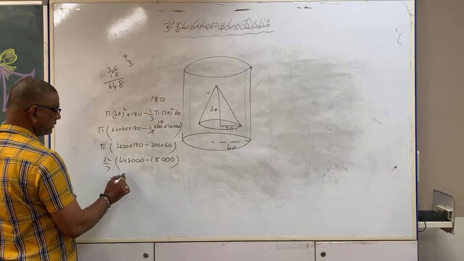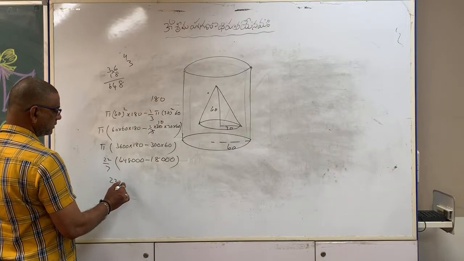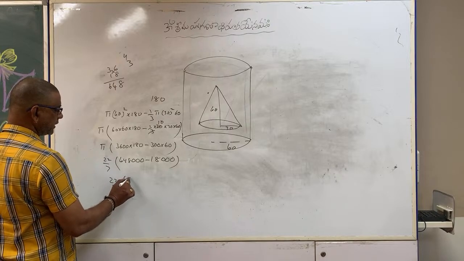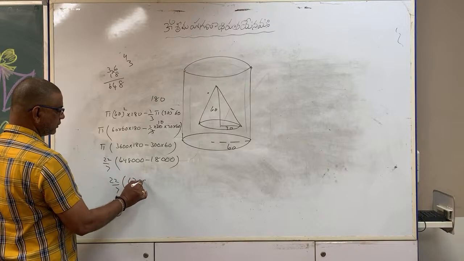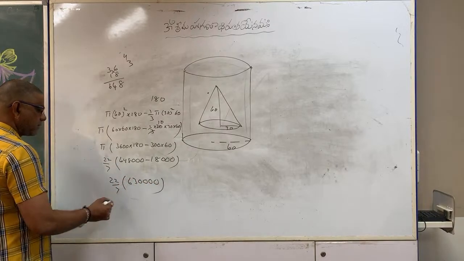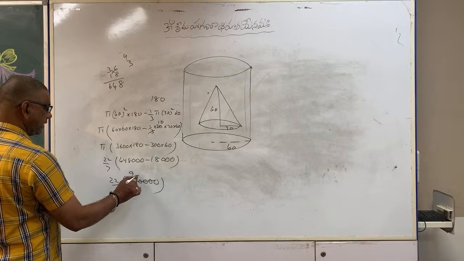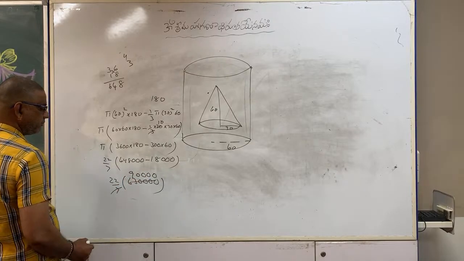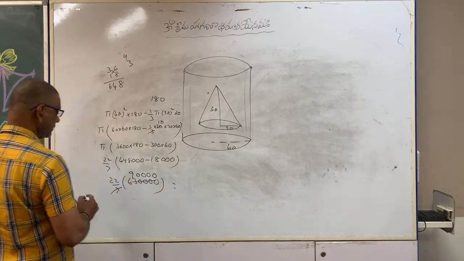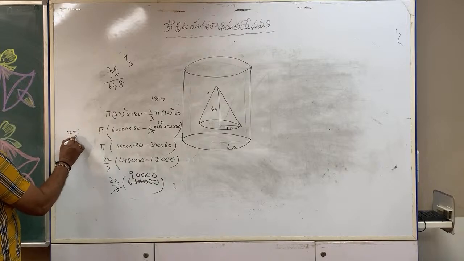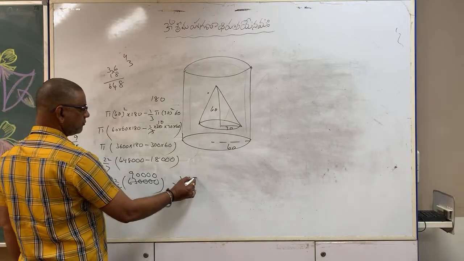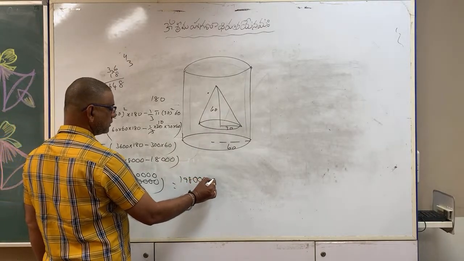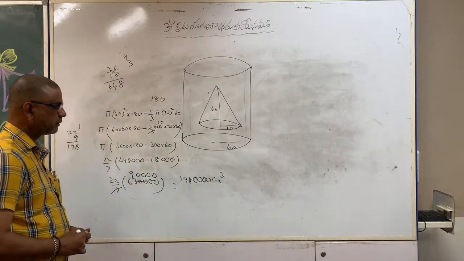22/7 into 630 000, that is 9 times 9 with 4 zeros. 22 into 9 is 198 with 4 zeros, in centimeter cube.